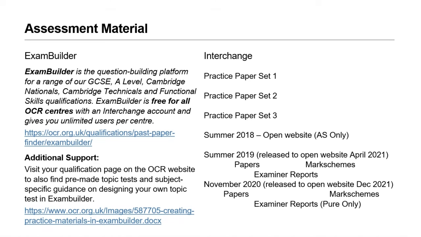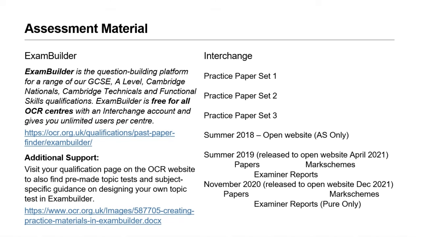For live exams, the senior team of assessors, the principal examiner and the team leaders look at lots of scripts, over 100 scripts, and they adjust the mark scheme to take into account different methods that students, candidates might have used in sitting the papers.